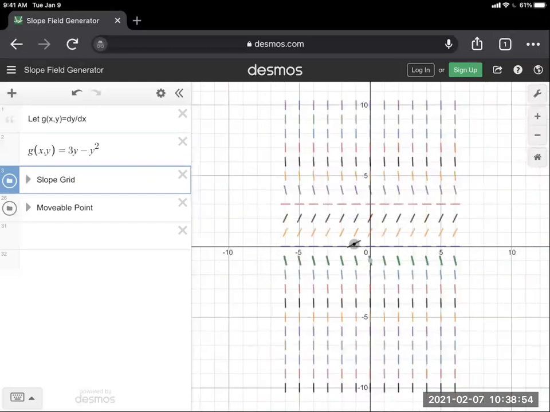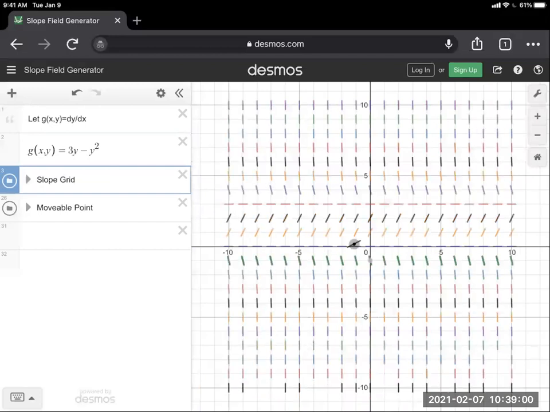And then you can see in between the equilibrium curves at 3 and 0, they're sloping toward 3, but then kind of backwards to the left at 0, and then they're diverging away from 0 down below.